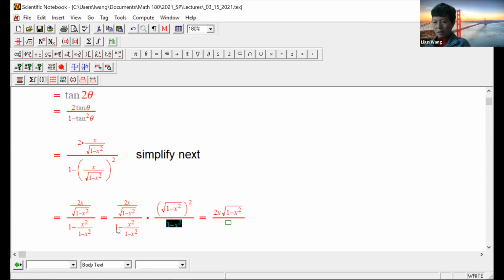This guy multiplied by 1. So you have 1 minus x squared and minus another x squared. So in the end, you combine the like terms. That's the answer.